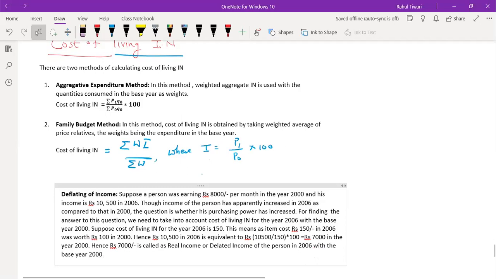And hence one can create the formula based on this.